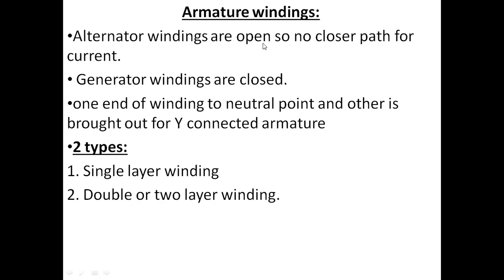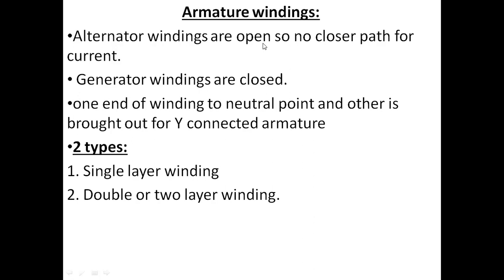One end of the winding is joined to the neutral point and the other is brought out. This brought out end is connected to the star connected armature. So there will be no closed path inside the winding, but two ends will be brought out. One end will be joined to the neutral point and the other connected to the star connected armature.